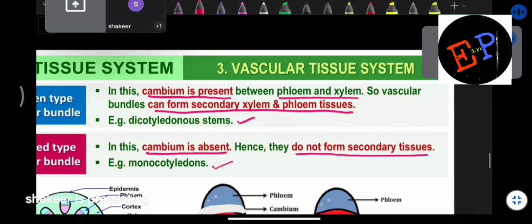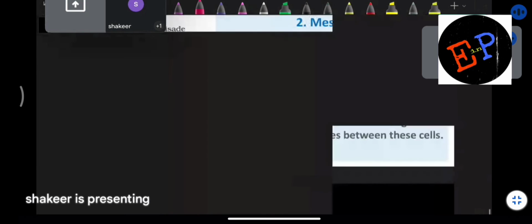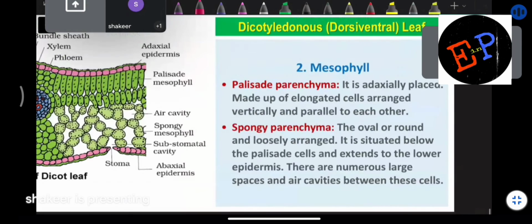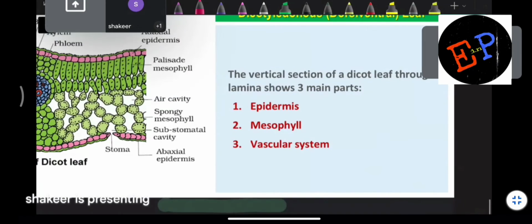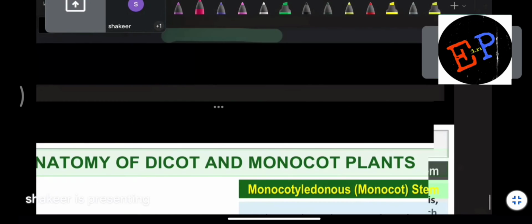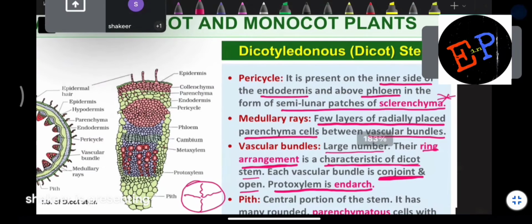Endarch means protoxylem towards the pith. When protoxylem is present towards the pith, then it is called endarch. So this is the arrangement of vascular bundles in the case of dicotyledonous stems.